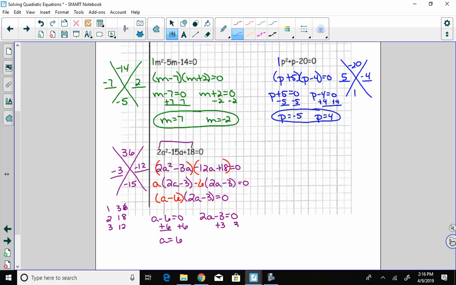For the other one, add 3 to the other side. You have 2a is equal to 3. Divide by 2, and a is equal to 3 over 2, or those icky decimals. So sure enough, I've got 2 answers. If you need to, hit pause, look them over, see what I did, and figure out how I got those answers. Otherwise, I'm going to keep going.